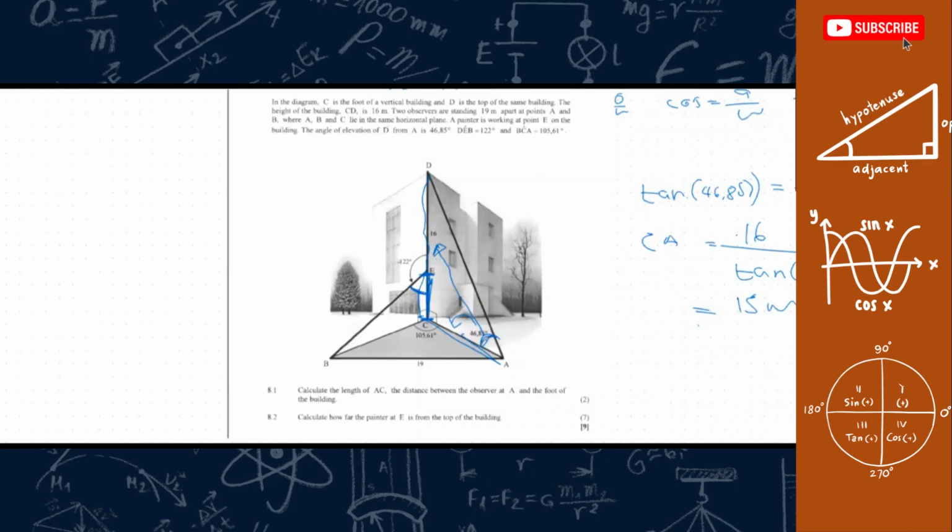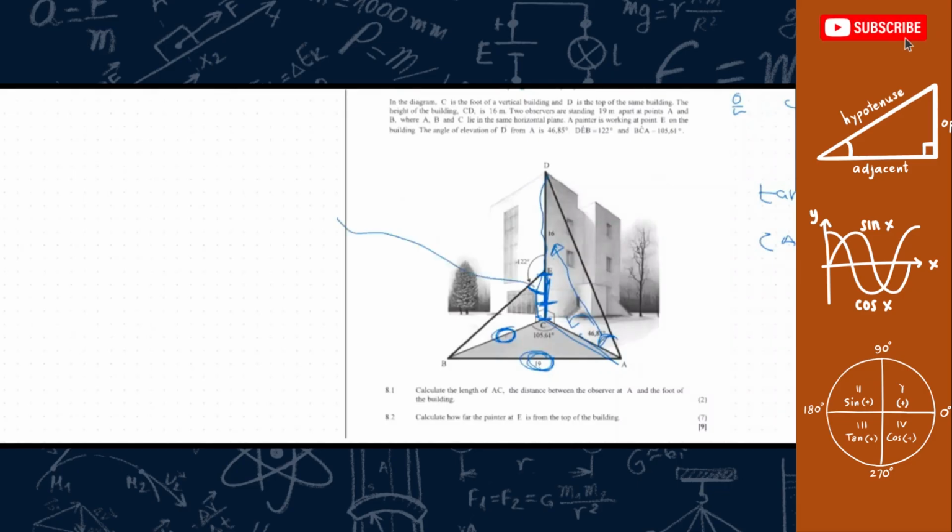We are also given this, so we can then calculate the side CB, and once we're done, we would be able to calculate that side. Okay, so let's start with this angle here. This is a straight line, so we will just have 180 minus 122, it's 58.